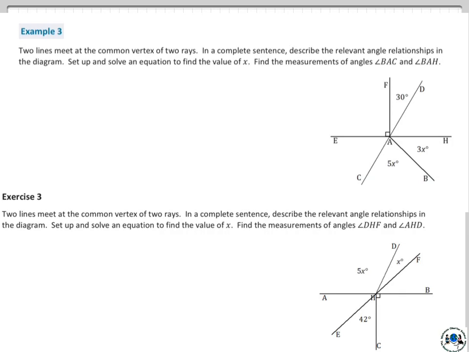Here's example 3. We have two lines meet at the common vertex of two rays. In a complete sentence, well, just the relevant angle relationships, set up and solve an equation to find the value of x, and find the measurements of angles BAC and BAH.